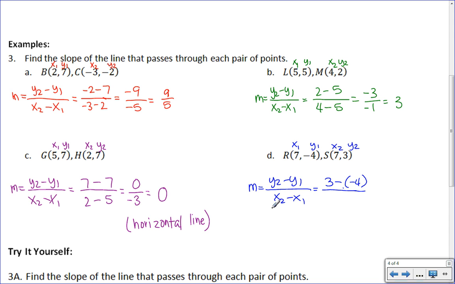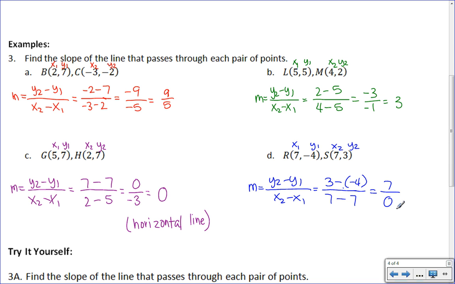Alright, let's get the denominator. x2 is 7, and x1 is 7. Okay, so here 3 minus negative 4, that's like 3 plus 4, so this is 7 over 7 minus 7, which is 0. Okay, now back here where we had 0 divided by negative 3, this we could do. 0 divided by anything is always 0. This, on the other hand, is not good. In fact, I can guarantee you if you put that in the calculator and you try to ask the calculator, what's 7 divided by 0?